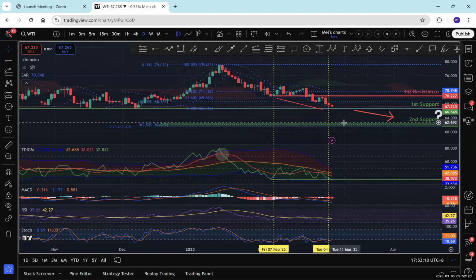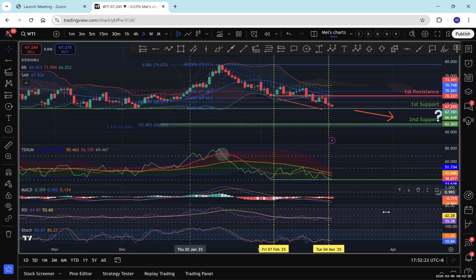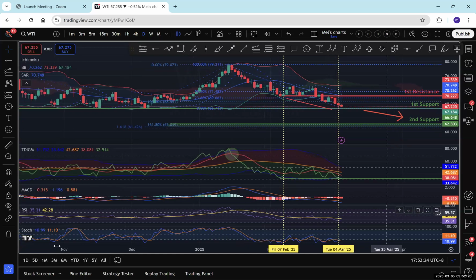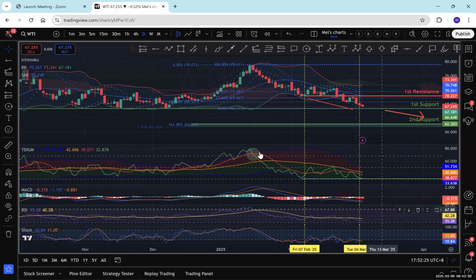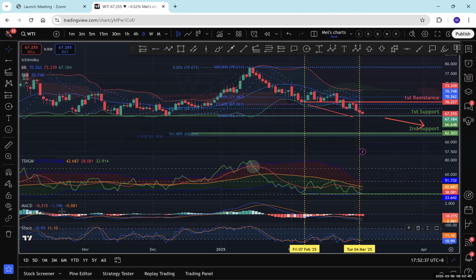So that's also a trend indicator, and that also gives us a bearish signal. So that supports our analysis as well. I wouldn't use RSI together with this indicator because TDI already comprises RSI. So I'm going to remove that. But of course, you can look at it as well.